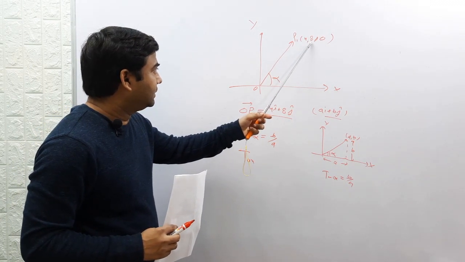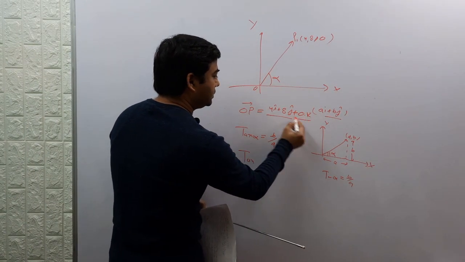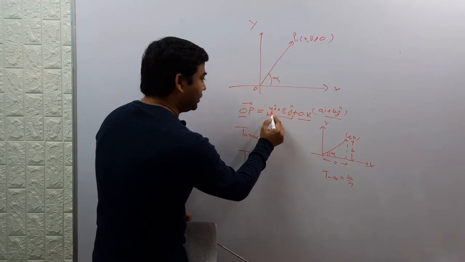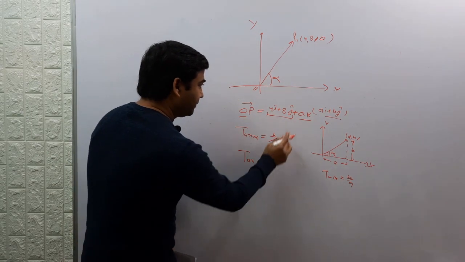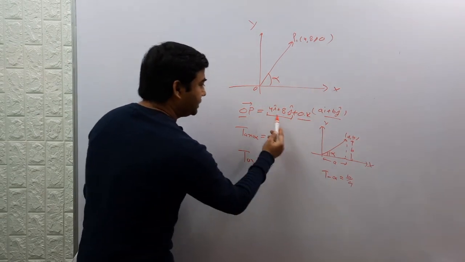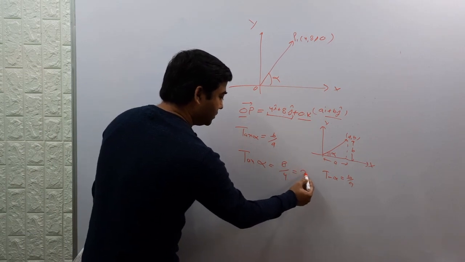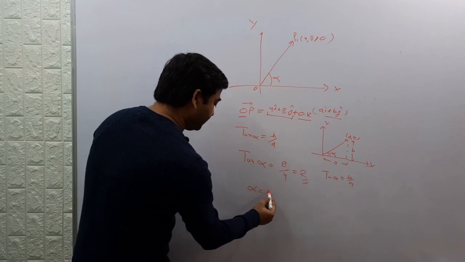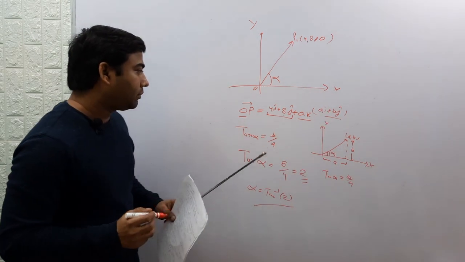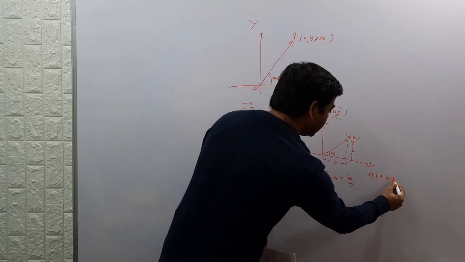So 4i, 8j and you can say 0k. So this term can be omitted. So vector OP is only 4i and 8j and tan alpha will be B by A. Here B is the coefficient of j and A is the coefficient of i. So B by A is 8 by 4, that is 2. So alpha is equal to tan inverse 2.